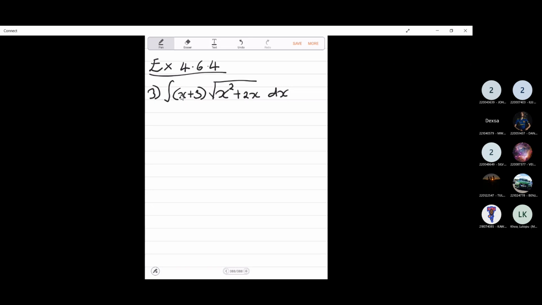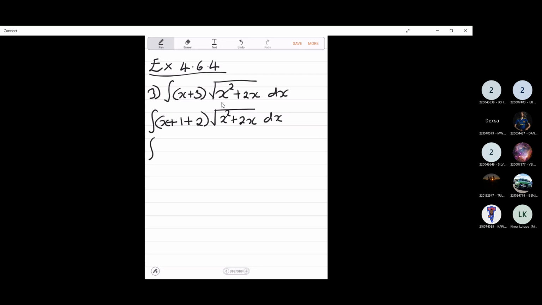So I want to make this x plus 3 into 2x plus 2, so I can first write it as x plus 1 plus 2. So this is the integral of x plus 1 plus 2, over the square root of x squared plus 2x dx.